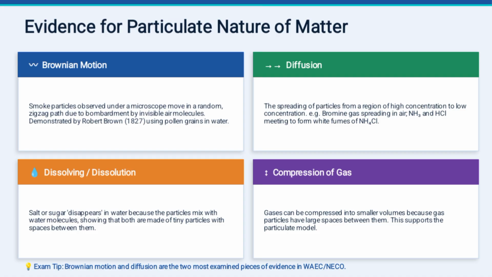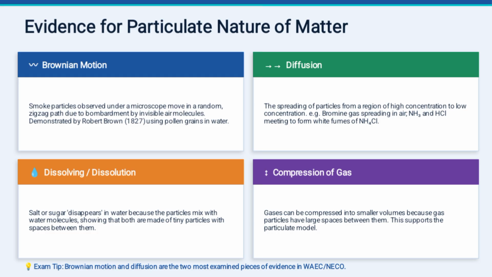This experiment was demonstrated by Robert Brown in 1827 using pollen grains in water. He put pollen grains in water and placed a microscope on them, and observed small particles moving in a random haphazard motion.